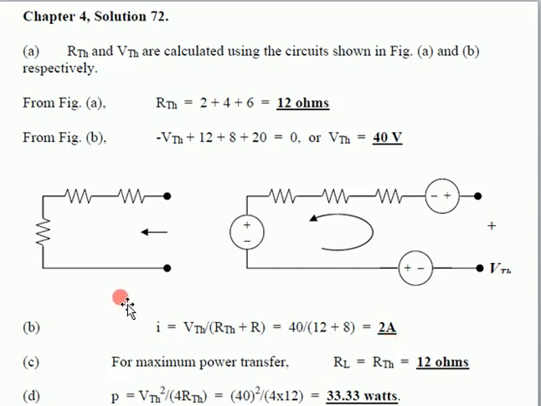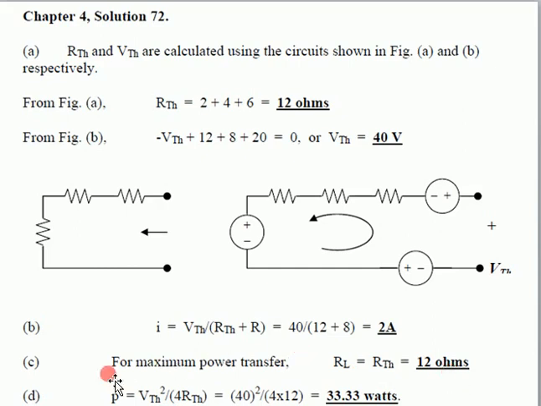The third part was: what will be the value of RL if we want to transfer the maximum power to the load? The maximum power transfer theorem says that the maximum power is transferred to the load when the load resistor is equal to the Thevenin resistance. So RL is equal to R Thevenin, which is 12 ohm.